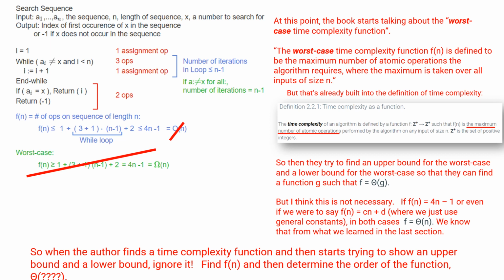Again, I feel like all we need to do is find the time complexity function and then determine the order of that function, and that's all we need to do. So for this example, we should just do it like we did in the past, which is just find that time complexity function. So it would be f of n equals 4n minus 1, and therefore it's theta of n.